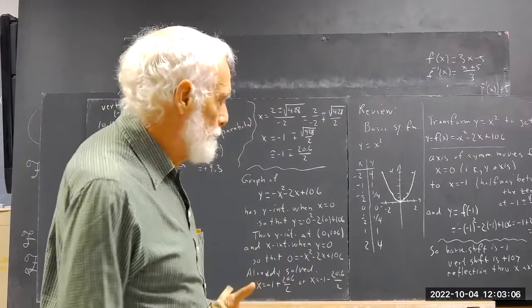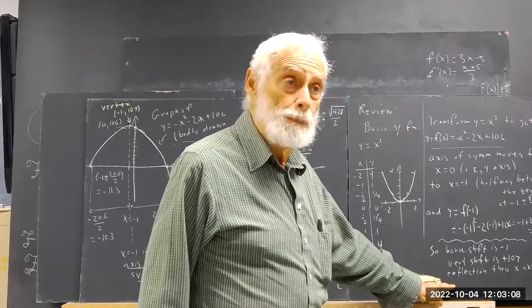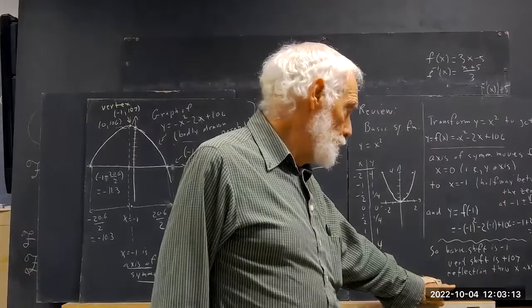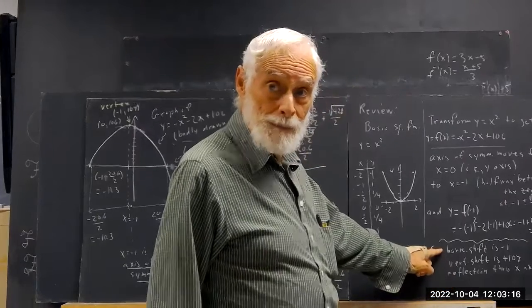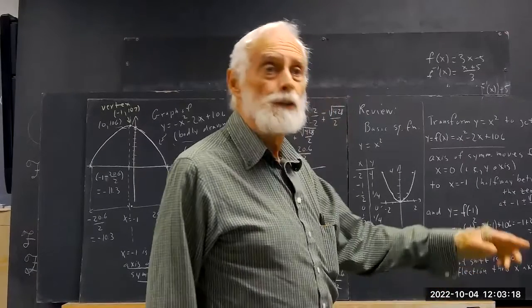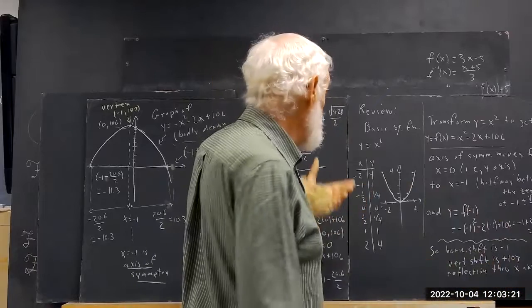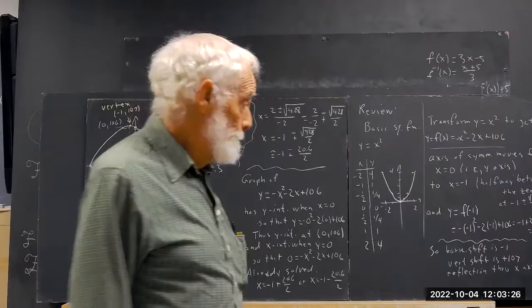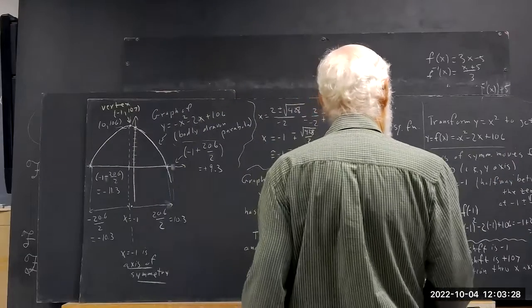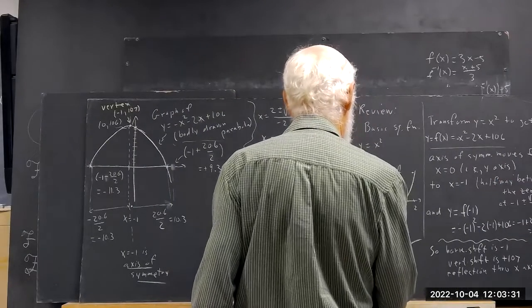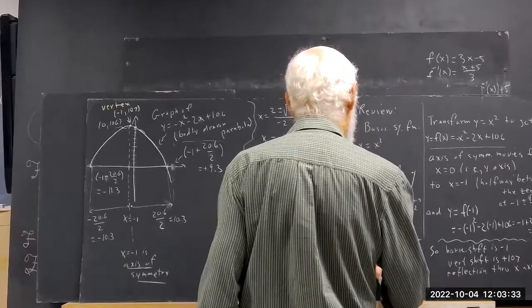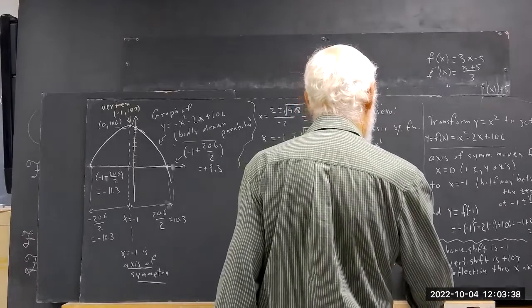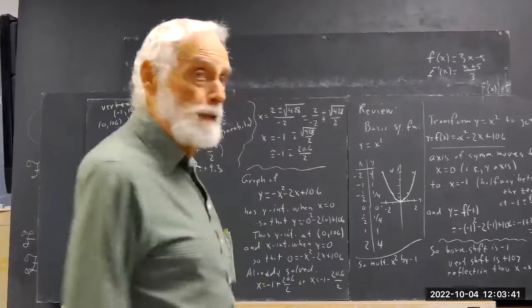So what we think is we do this first because we always do reflections and compressions and so forth before we do any shifts. Because reflection is a multiplication by -1. We got to multiply x squared by -1, then we do the shifts. Okay. So multiply x squared by -1.